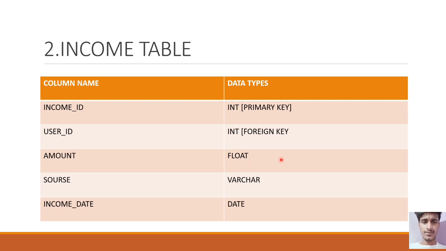If you have any point values like 1000.50, for that we use the float data type. And also source as varchar, and income date. For the date type of value, we assign the data type date.